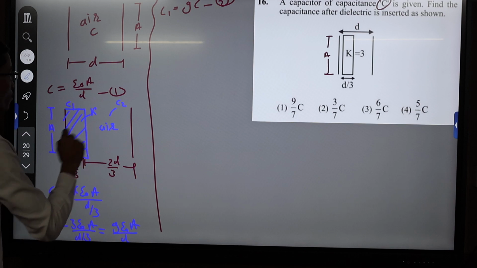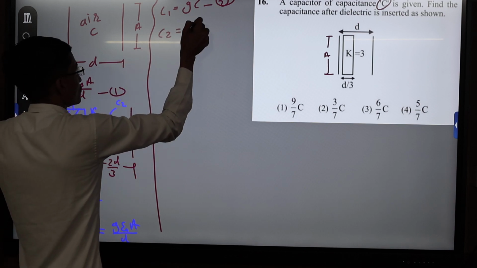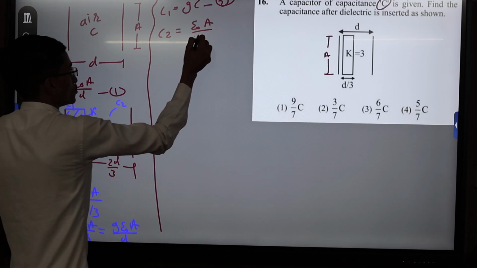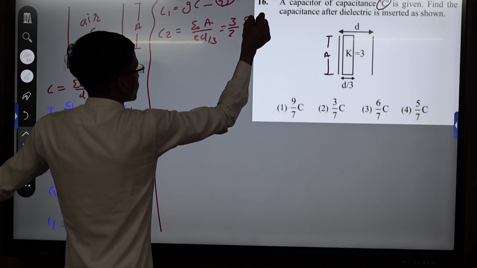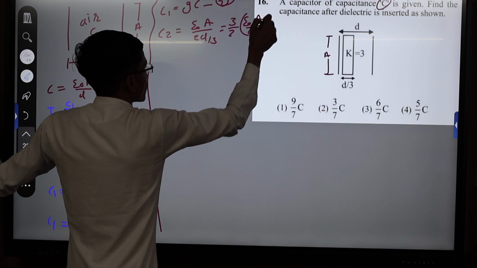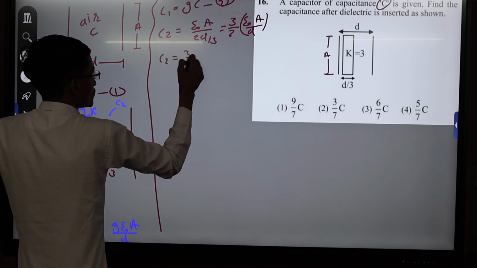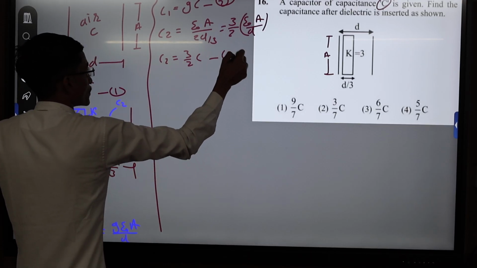For the second capacitor C2, C2 will become epsilon naught A upon the distance between these two, which is 2d by 3. So 3 by 2 epsilon A by d. Again, epsilon A upon d is considered as C. So C2 will become 3 by 2 C. Let us call this equation 3.